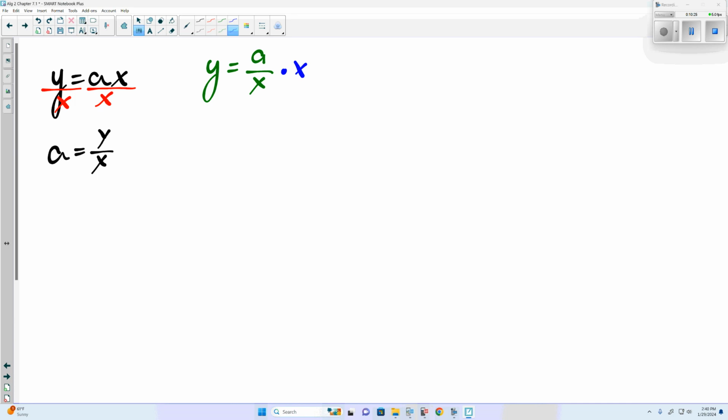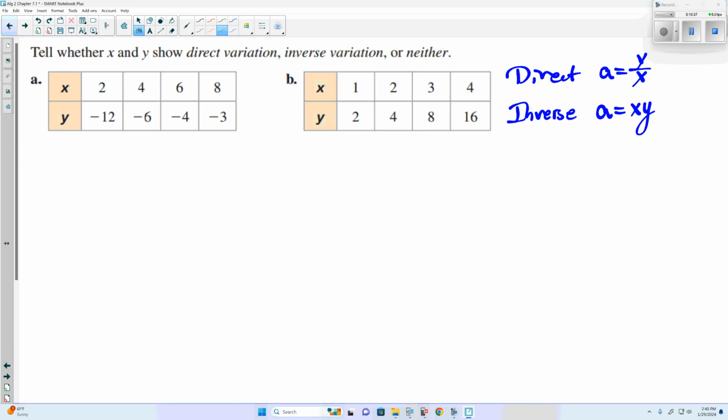So to get a by itself, we need to multiply by x, because here the x and x would cancel, telling us a is equal to xy. It almost looks like a division, but the original statement is actually multiplication. Since inverse's original statement is division, the variable a by itself is multiplication. Does that kind of make sense?